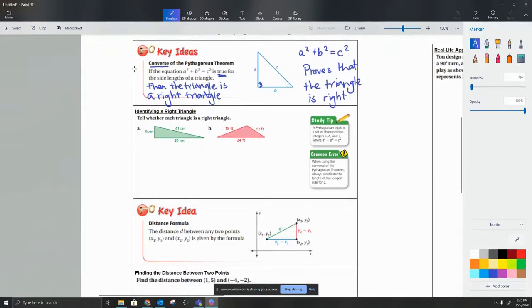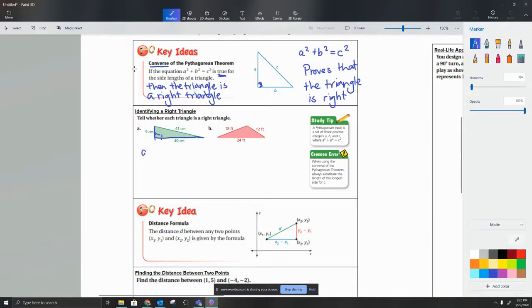All right, so here we have a triangle. It looks like a right triangle, but it's not necessarily a right triangle. So we're going to first identify what we think is the right angle. It would make sense that this would probably be the right angle. So that means that my legs would be right here, 9 and 40. But we can't say it's right just because it looks like it.